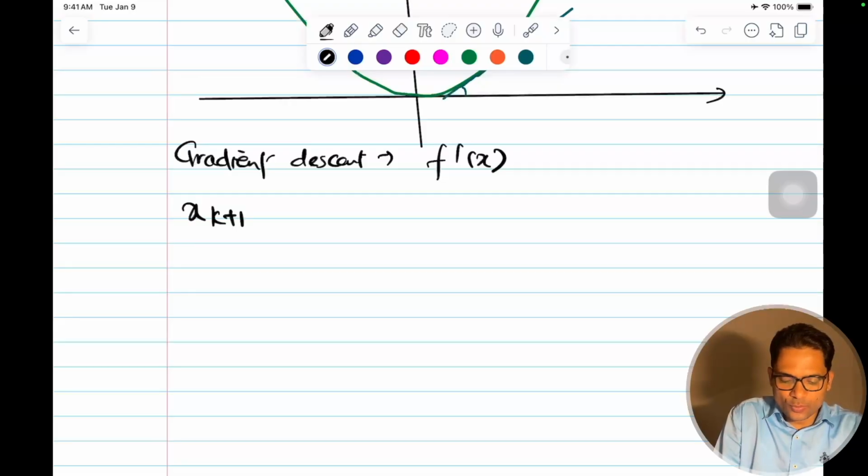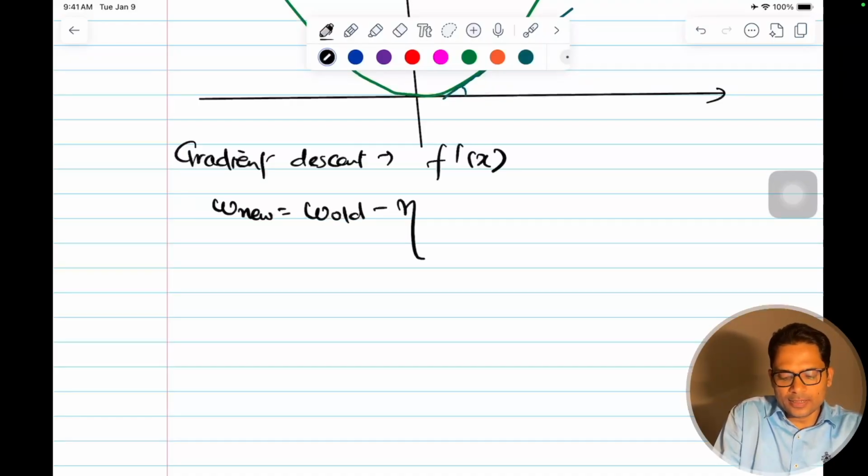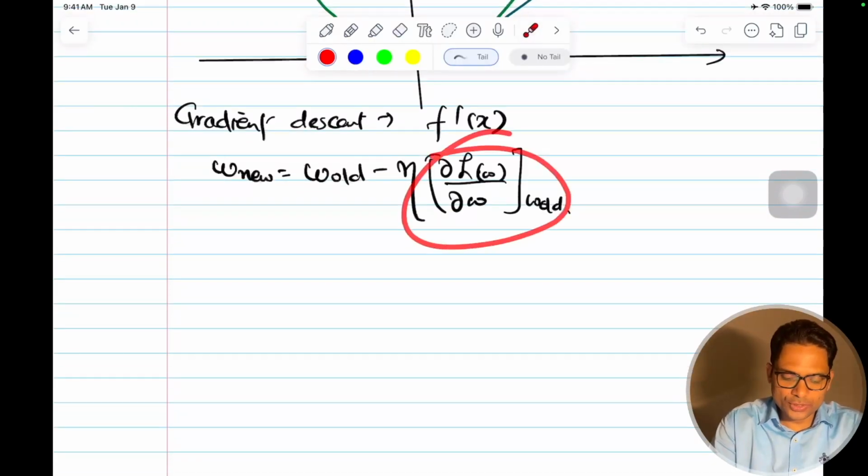So if I have to go to the new point, what was the gradient descent? w new is equal to w old minus learning rate into f dash x, for example, that was the loss function, dou L of loss function by dou w at w old. So I was just using the first derivative.